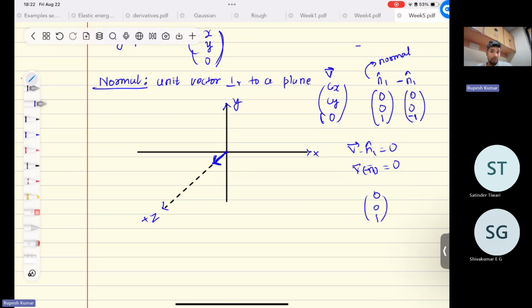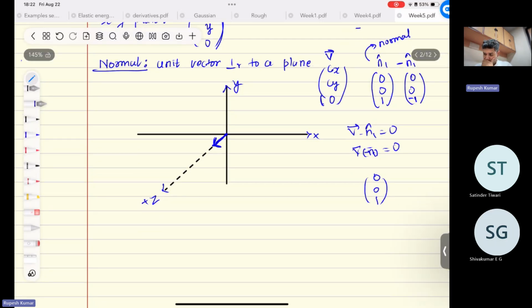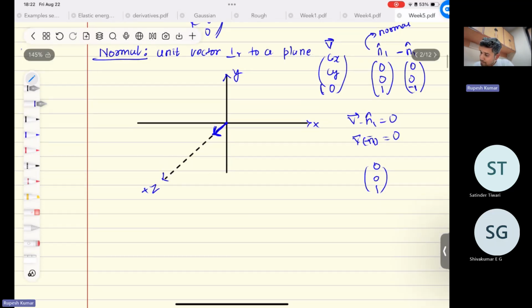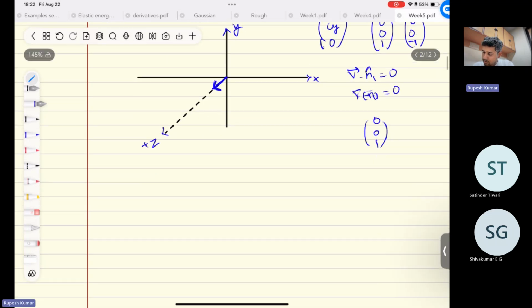But I can also draw a plane like this. So let's take this plane. Let me draw it again.